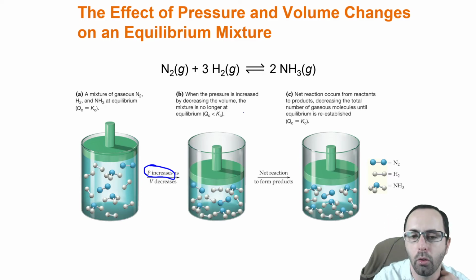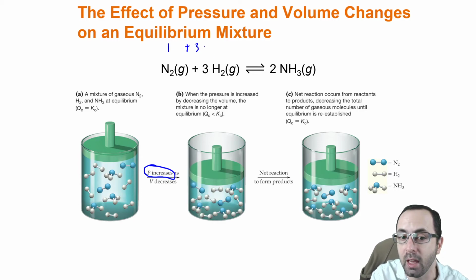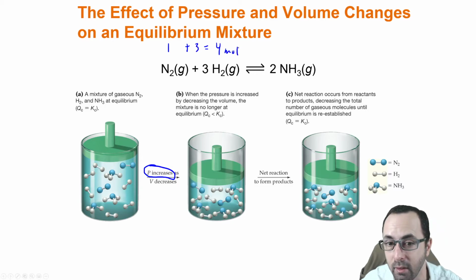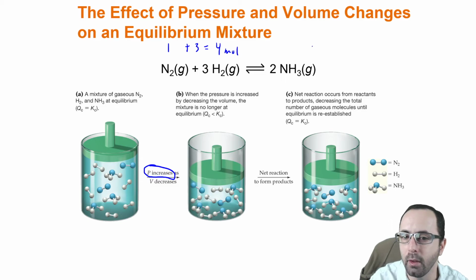And so the reaction is going to shift in such a way that will decrease the pressure. The way you figure out which direction that will be is you calculate how many moles of gas you have on each side. On this side we have 1 mole of N2 plus 3 moles of H2, so on the left there are 4 moles of gas. Now on the right there are just 2 moles of gas.